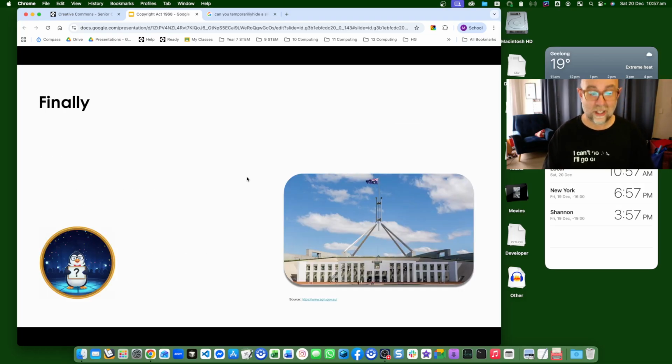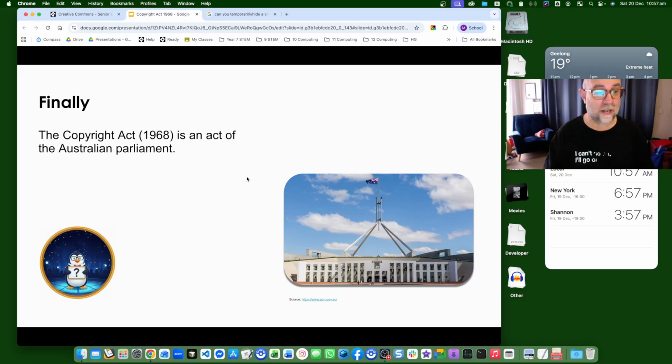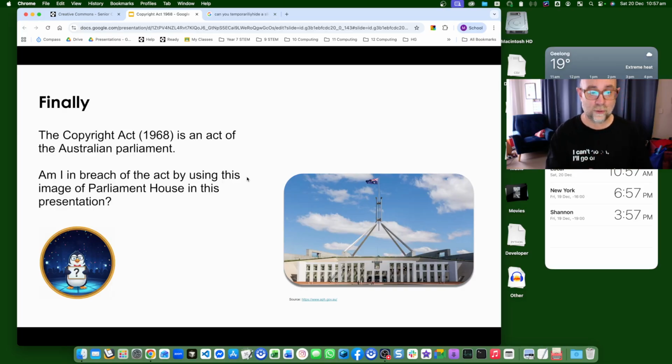So, finally, the Copyright Act is an act of the Australian Parliament. So, they passed that. Question for you: am I in breach of the Act by using this image of Parliament House in this presentation? The answer is no, because I am protected by fair use, because I'm using it for an educational purpose.